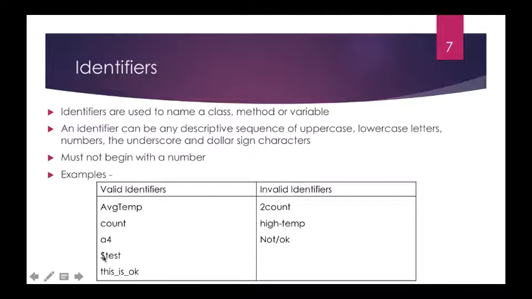For example, you can see $test, which is a valid identifier because it starts with a $ sign, and $ sign character is accepted as a valid identifier. Whereas in the invalid, we see an identifier which starts with 2, count. This is not accepted. High-temp is also not acceptable. Not/OK is also not acceptable.